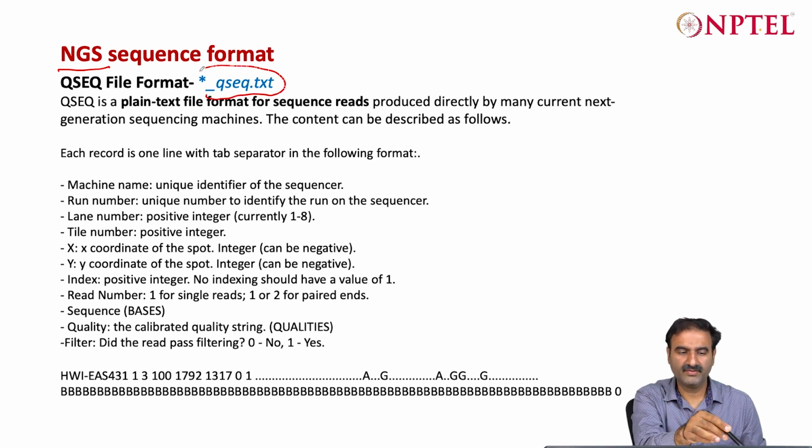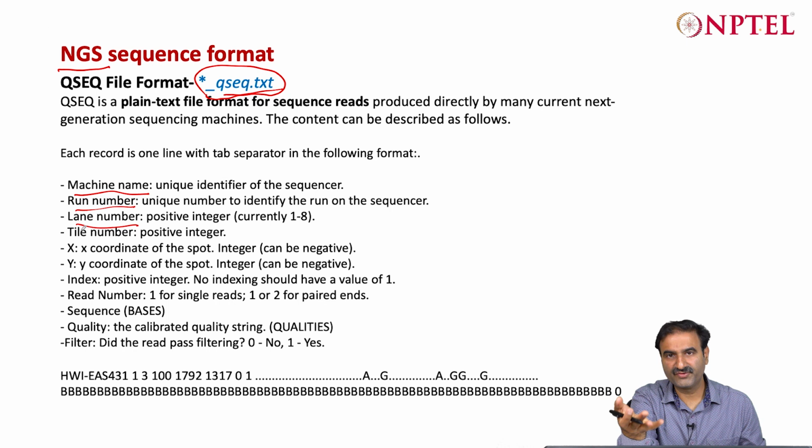It starts with a file name, underscore qseq.txt, for example. So this will tell you that this is a QSeq format. Then it is a plain text file for sequence reads, and it includes the information about the machine number, run number, lane number, that is, which machine was used to generate it. When you sequence something, it is called a run: run 1, run 2, run 3.